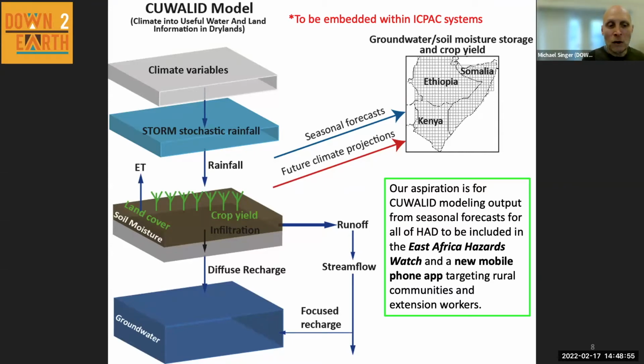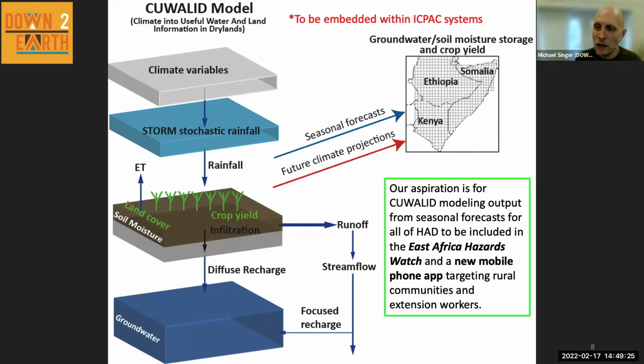But a lot of it will end up running off the landscape if it's on a slope and organizing itself into stream channels, where it becomes stream flow and where it gets lost, as I mentioned before, through those porous ephemeral riverbeds, and then contributes to what we call focused recharge, which again supports the regional groundwater aquifer.